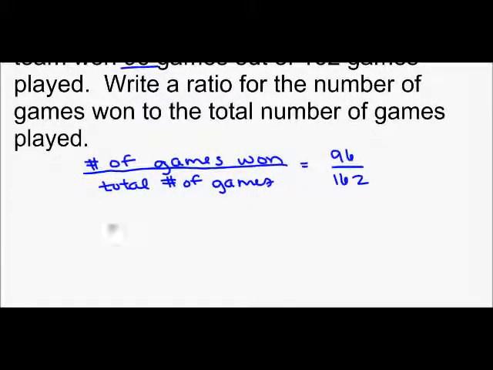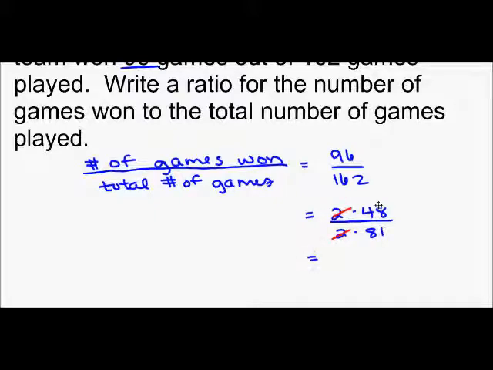So this is what we're going to start off with, but I actually want to simplify this fraction. I know that 96 and 162 are both even numbers, so they are both divisible by 2. So 96 is really 2 times 48, 162 is really 2 times 81. And now these 2's cancel.